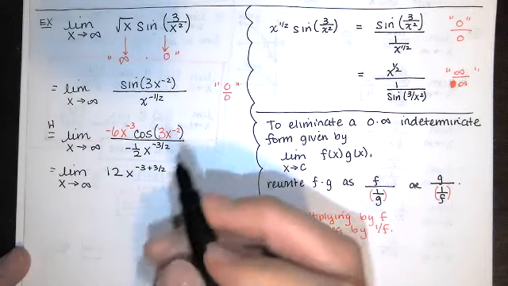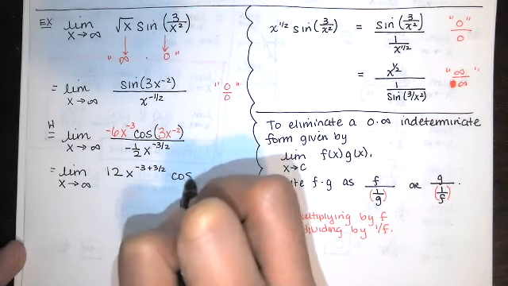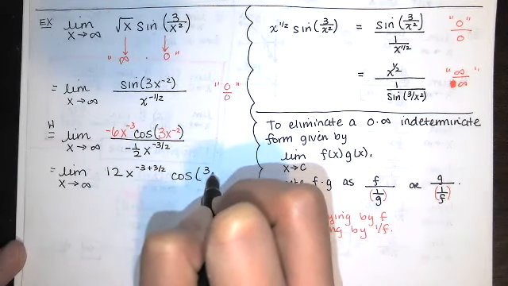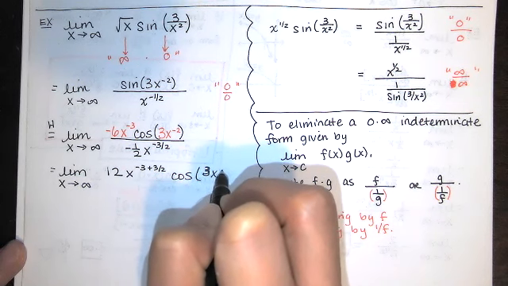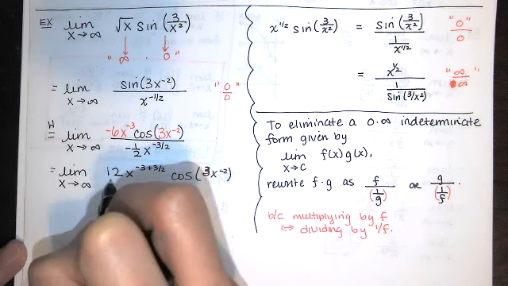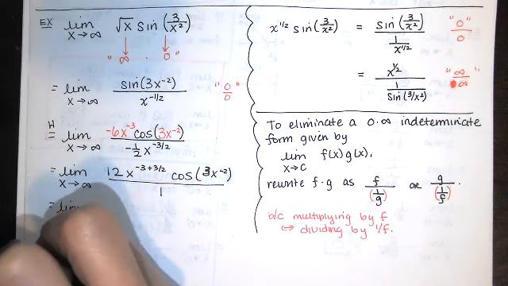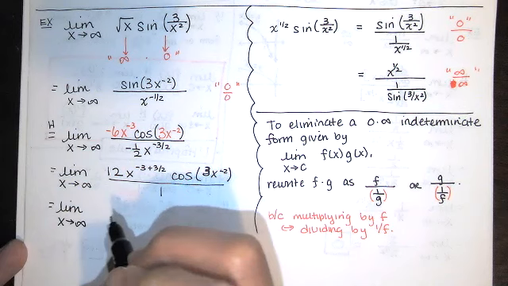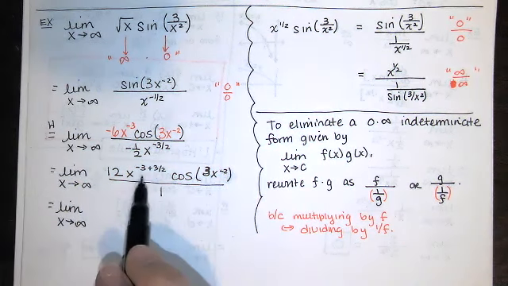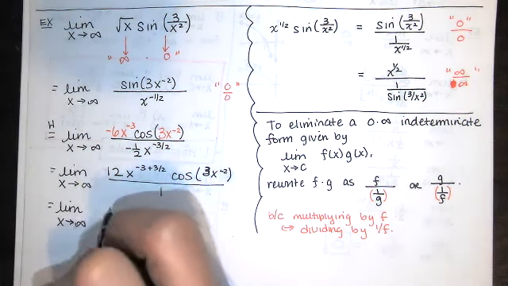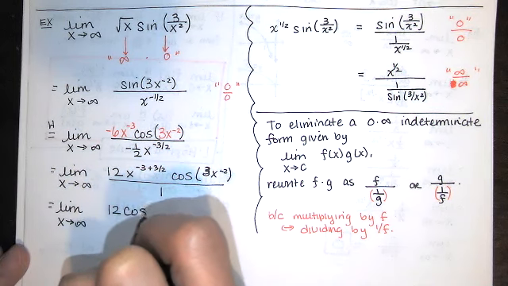It's going to be x to the 1.5 times cosine. It's all over 1. So that's going to be x to the negative 3/2, so I can put that in the denominator.